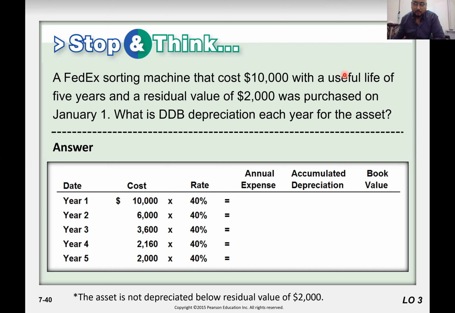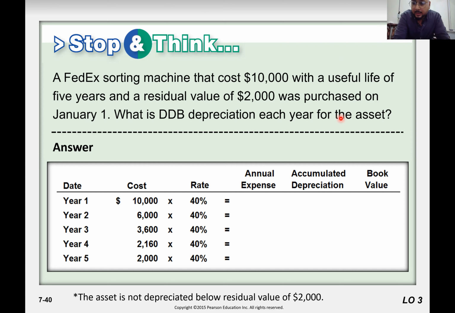So let's solve this question together. A FedEx sorting machine that costs 10,000 with a useful life of 5 years and residual value 2,000. It was purchased on January 1st. What is the double declining balance depreciation for each year? So what is the double declining rate?